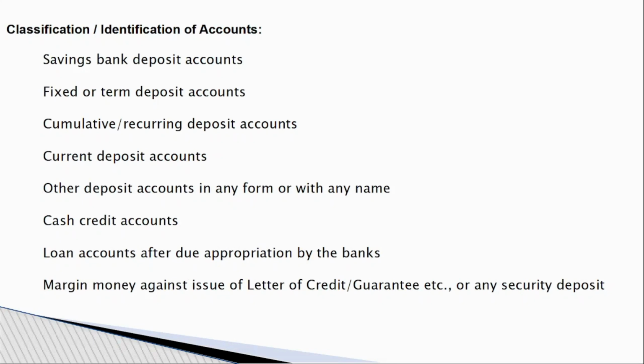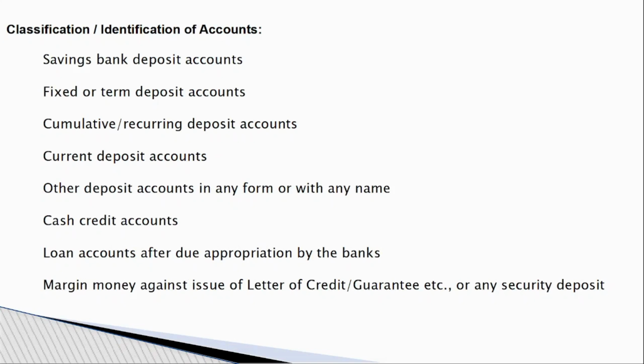Credit balance in cash credit accounts, CC and OD. Any loan account which has a credit balance, normally loans will be debit balance. If the customer paid an excess amount during appropriation, a credit balance is there in the loan, and it is not claimed by the depositor, then the credit amount should be transferred to the DEAF fund.